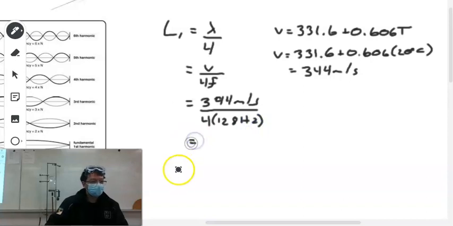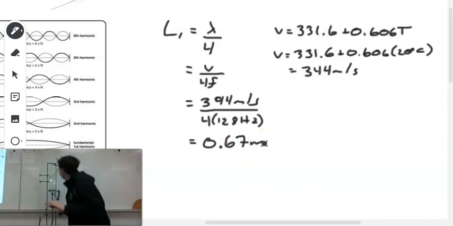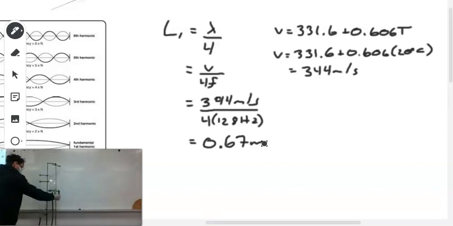And we'll get our first resonant length to be 0.67 meters, or 67 centimeters. So I'm going to adjust the water level to 67 centimeters, which would be all the way down to here.